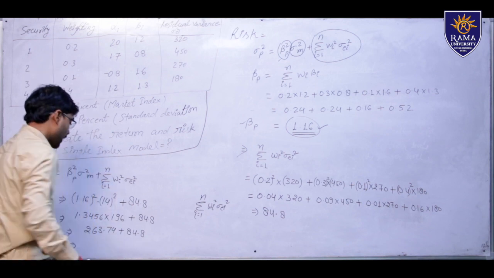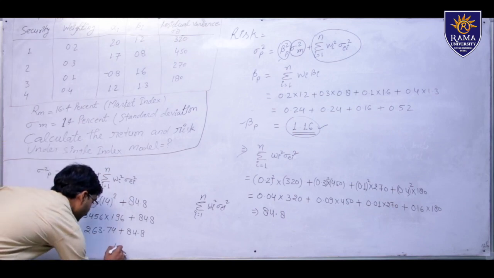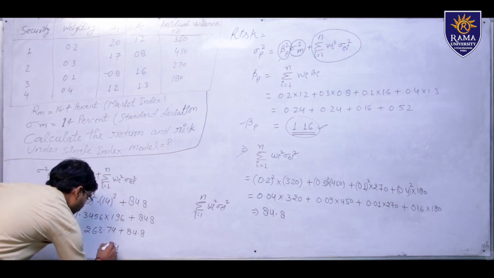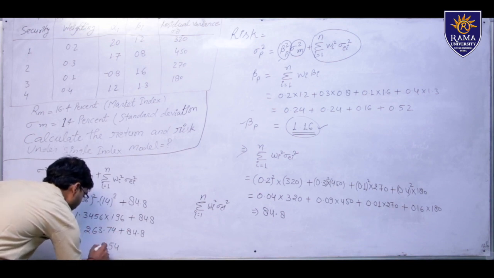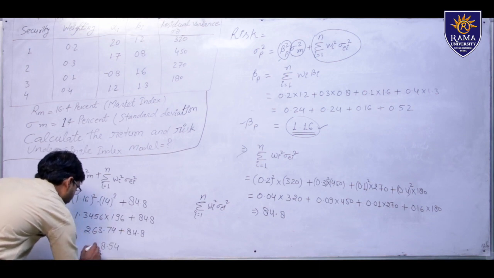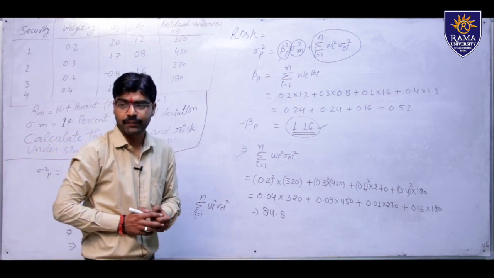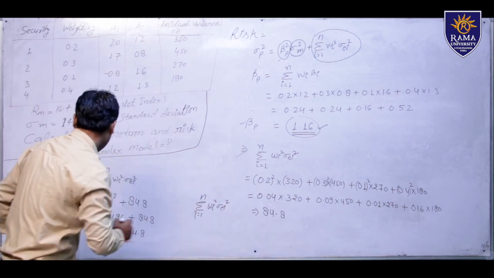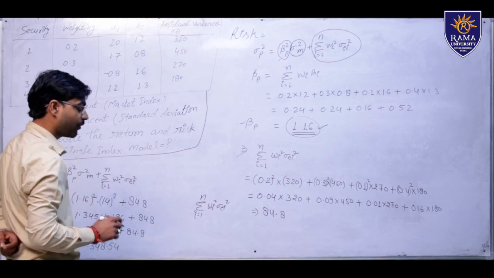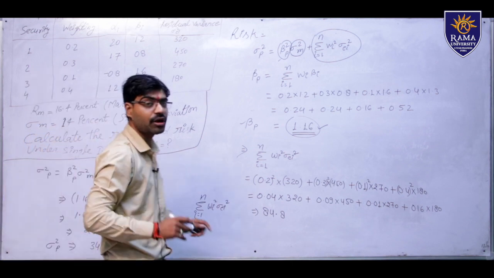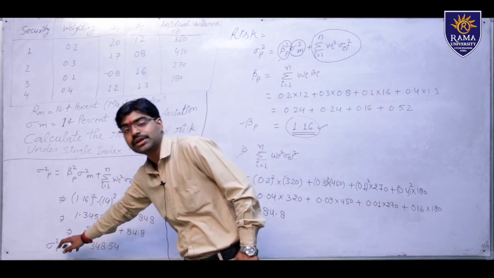Now add these. When we add, we get 348.54. This is sigma square of portfolio, 348.54. But this is not the answer, because the standard deviation of portfolio is in square.